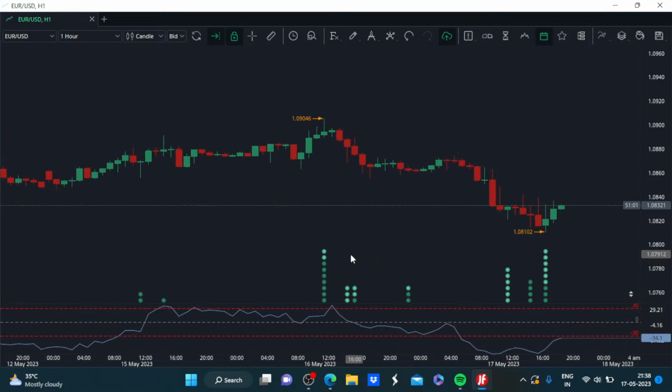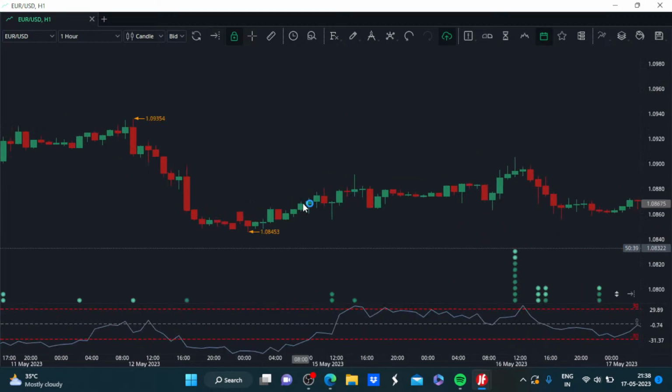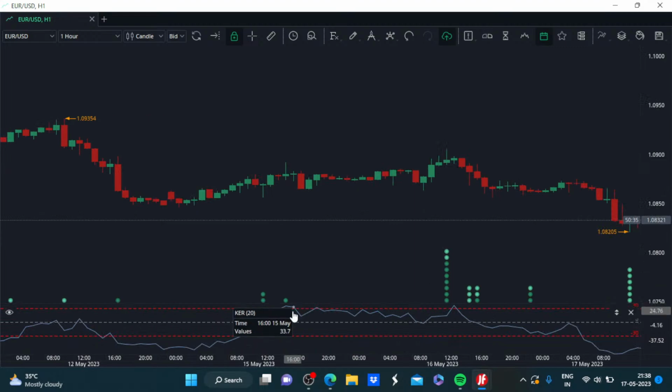Here, we had the change of momentum in yesterday's session, 16th May, around 16 GMT, and afterwards this KER value has consistently remained in the negative territory, denoting the undertone being bearish. Prior to that, when the momentum was more inclined on the upside, we had these output values consistently on the higher side, though the momentum wasn't really strong.